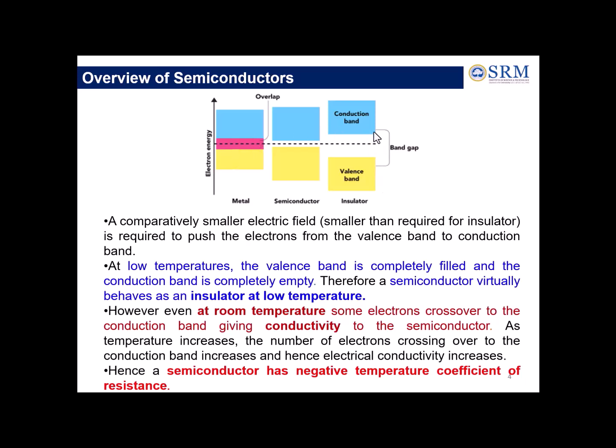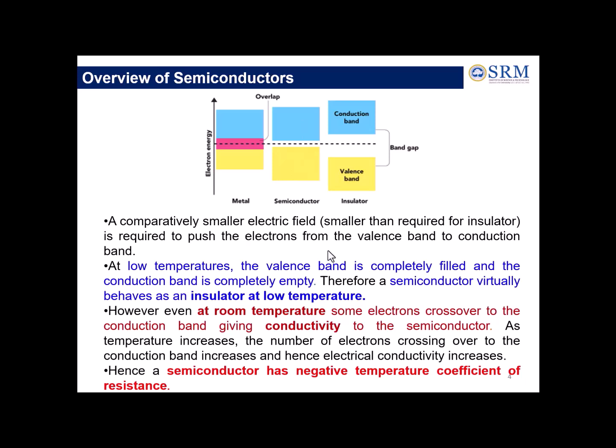Whereas an insulator, why is it not conducting? Because there is a large band gap between the valence band and conduction band. Whereas when we go for a semiconductor, there is a little gap. Comparatively, a smaller electric field is required to push the electrons from the valence band to the conduction band.